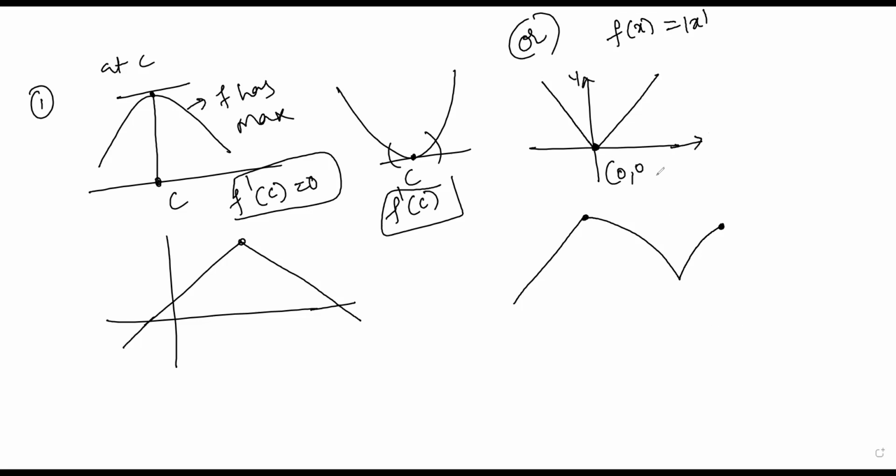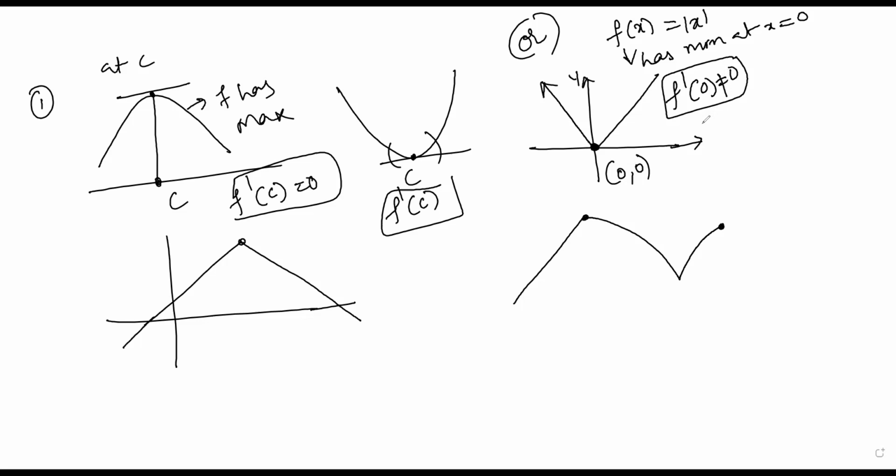At x equal to 0, f has a minimum, but minimum at x equal to 0 doesn't mean that f dash of 0 is 0. No. Actually, f dash of 0 doesn't exist, the differentiation doesn't exist for mod x at 0. You remember? We discussed this.